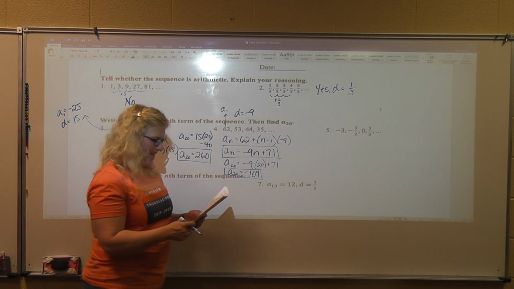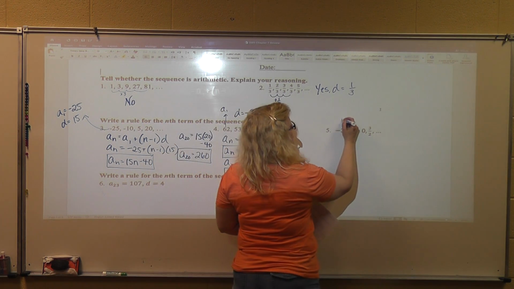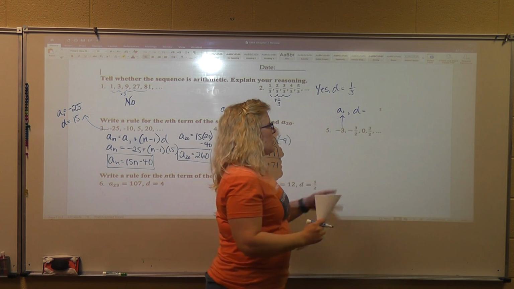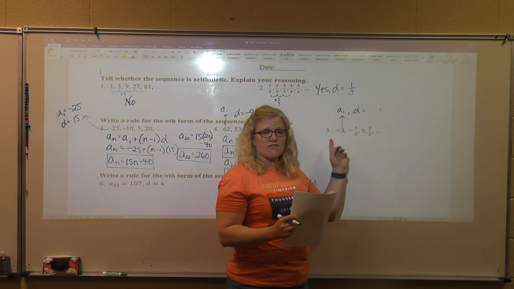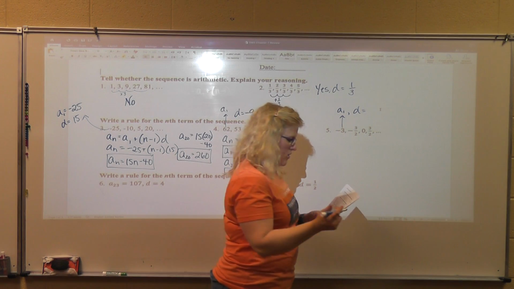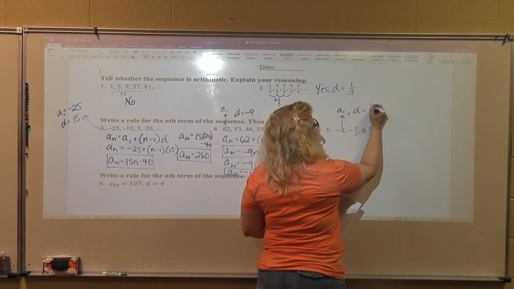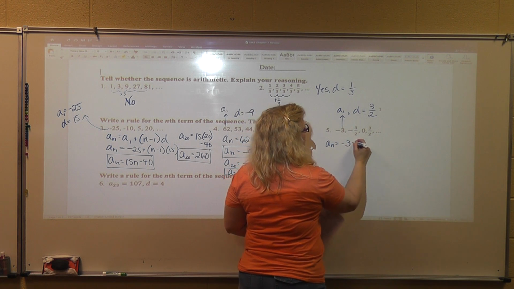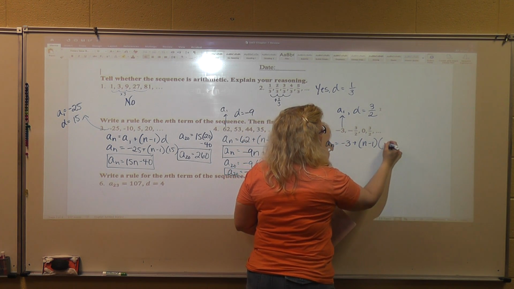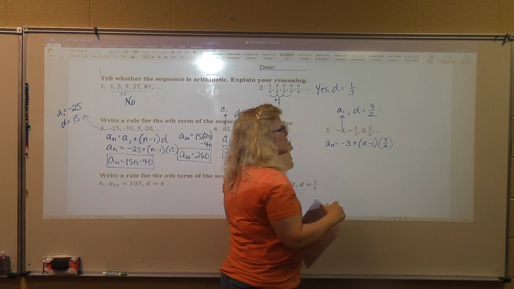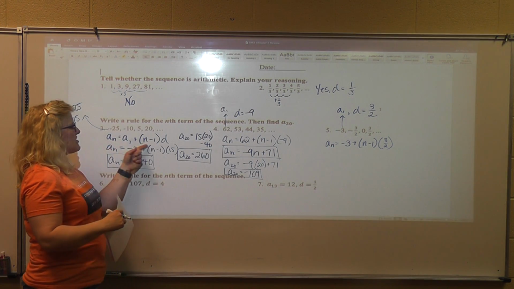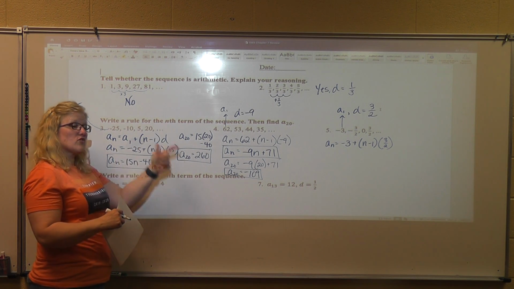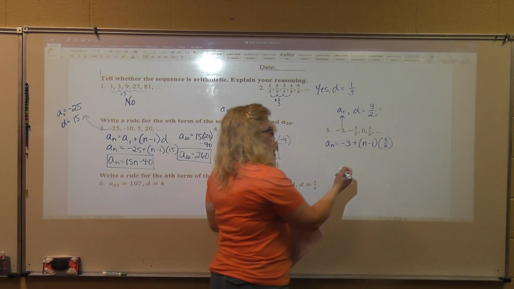Okay, and lastly, here's a sub 1, that's my first term, and for d, we are adding 3/2 each time. So d is 3/2. So a sub n is negative 3 plus n minus 1 times 3 halves. Again, I'm just plugging it into this formula. Maybe I should have put the formula up there, but this is the formula I've used for every one of these problems.